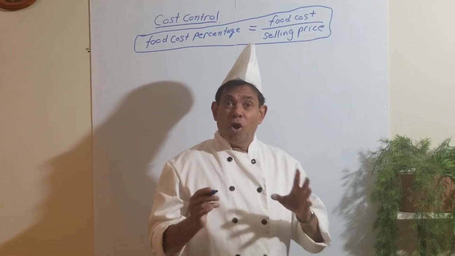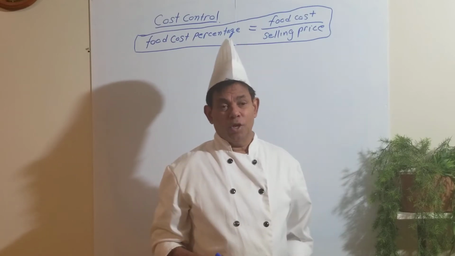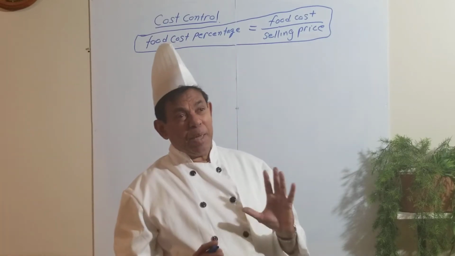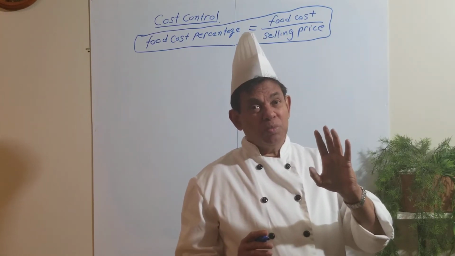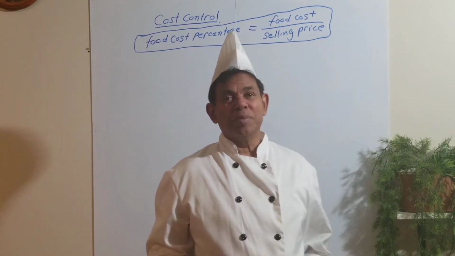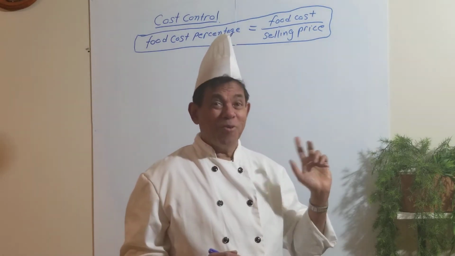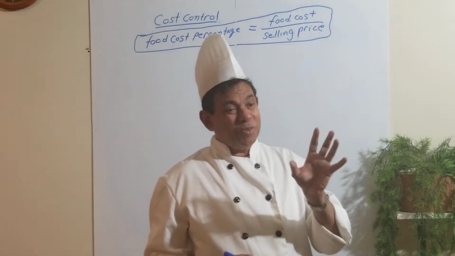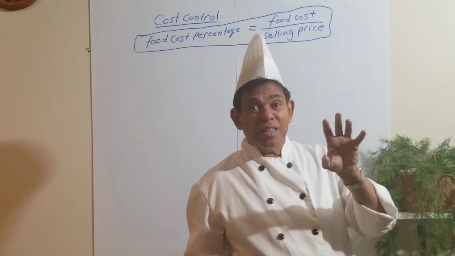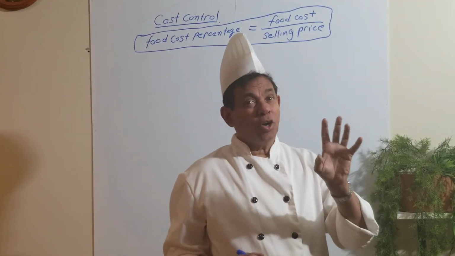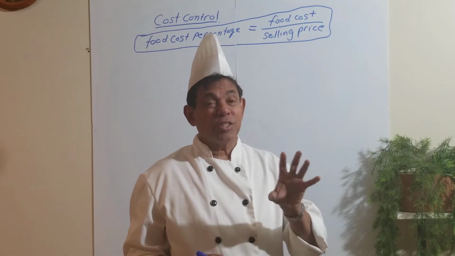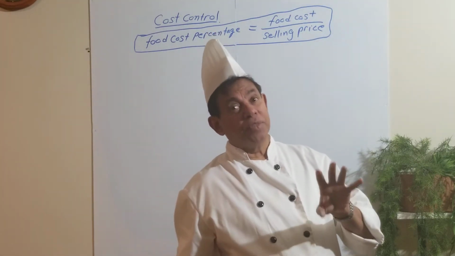Normally, we keep this at 30, 32, 34 maximum. I will explain what that is. The 30, 31, 32, 34 maximum percentage of the kitchen is called the food cost percentage of the kitchen.